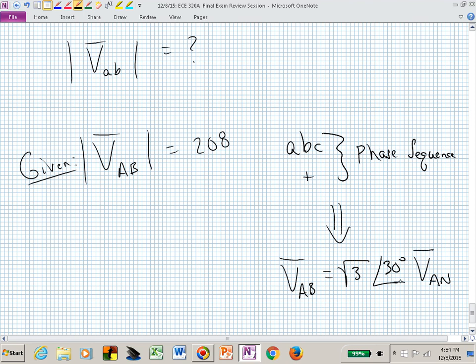Do you remember that? And if you just needed amplitudes, what were we given? We were given V sub AB's amplitude. If you just needed to know V sub AN's amplitude, you could get that by dividing V sub AB by the square root of 3.